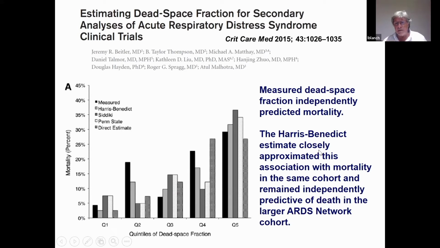Again, the Harris-Benedict estimate closely approximated this association with mortality in the same cohort and remained independently predictive of death in this larger ARDS network cohort, and the other 3 predicted less. So if we do not have a measurement, the Harris-Benedict is a good option.